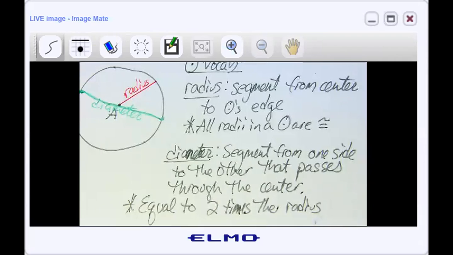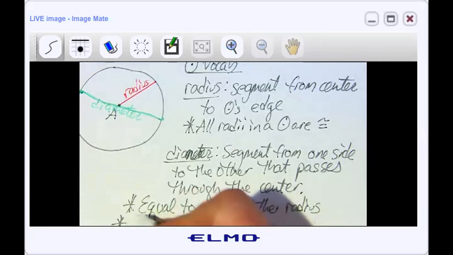They also divide the whole circle in half. So you now have these 2 half circles, which we refer to as semicircles. So it completely divides the circle into 2 equal parts. So let's add that.